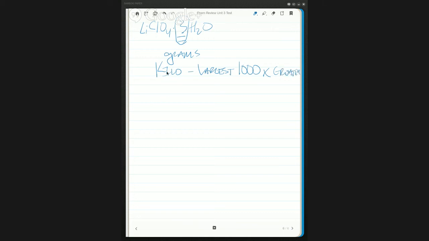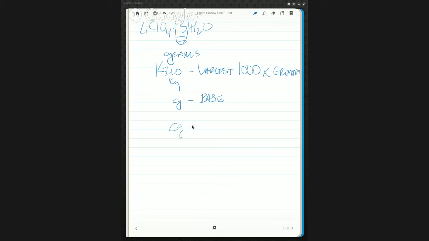So kilo, so kilogram. Then on the test, the next one that you would have to deal with is just gram. That's just your base unit, so there is no prefix. No worries. Then the next prefix is centi.